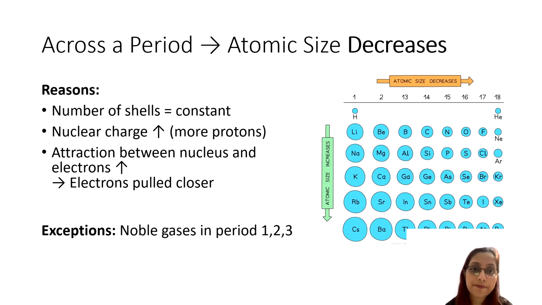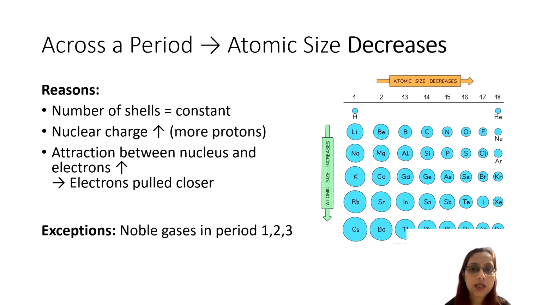So this gives a stronger positive pull. The electrons are pulled closer to the nucleus, increasing the attraction between them. As a result, the atoms become smaller and smaller in size as we go from left to right across a period.